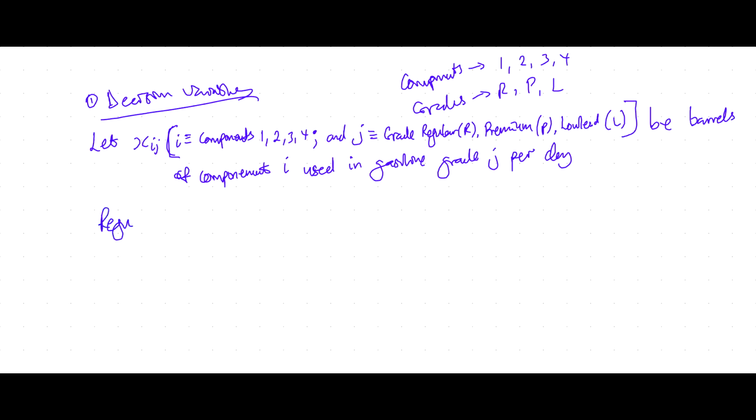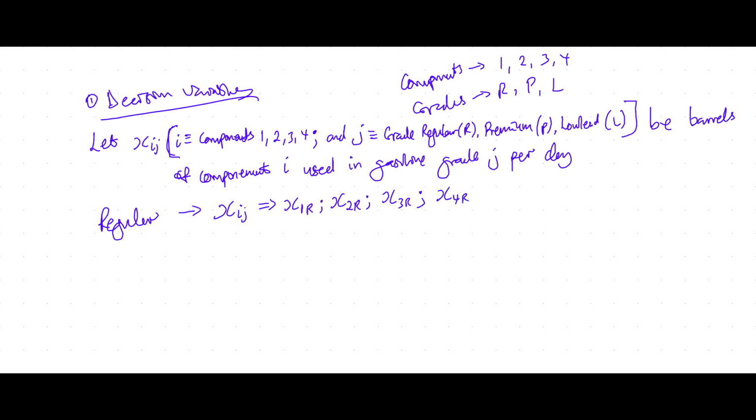For regular grade, we are going to have Xij, which is X1R, X2R, X3R, then X4R.